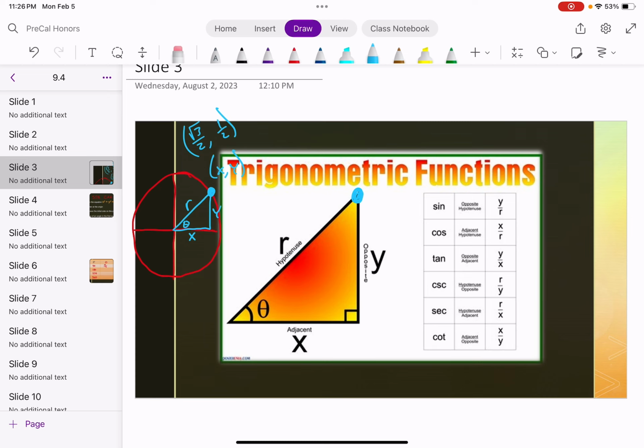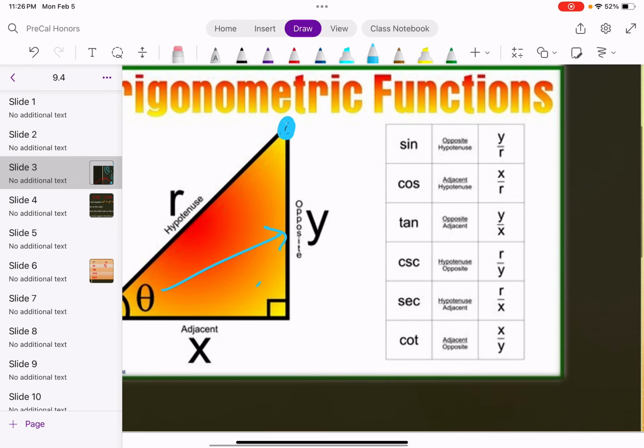Now keep in mind, your r is your hypotenuse, your x is your adjacent, and your y is your opposite. As we run through each one of these trig functions, you can see that if you're working with sine, SOHCAHTOA, you're looking at opposite over hypotenuse. Opposite of theta would be your y over r, which you can see right over here.